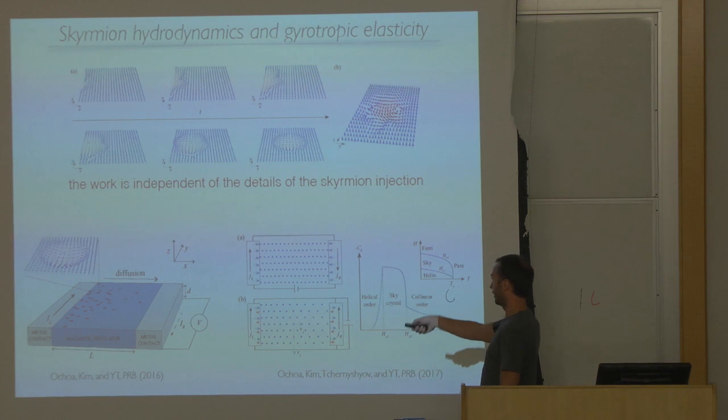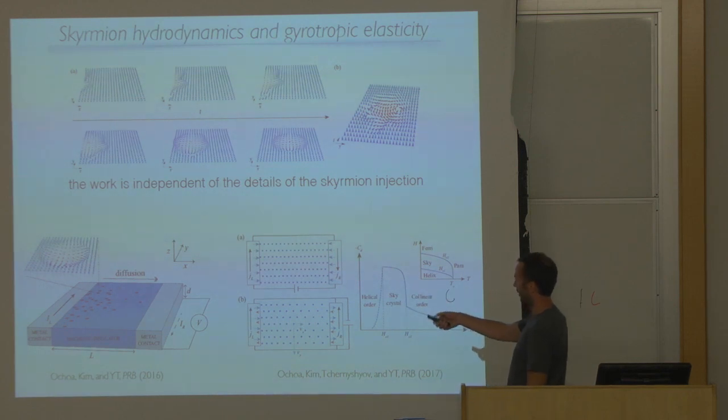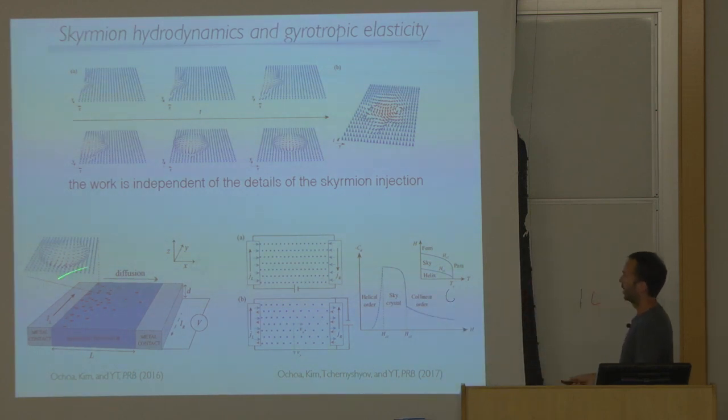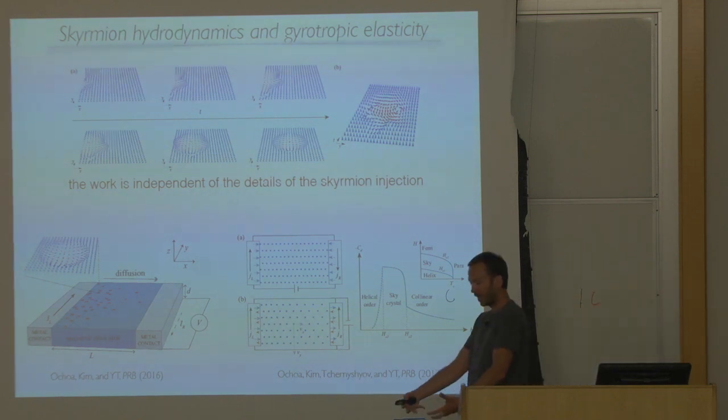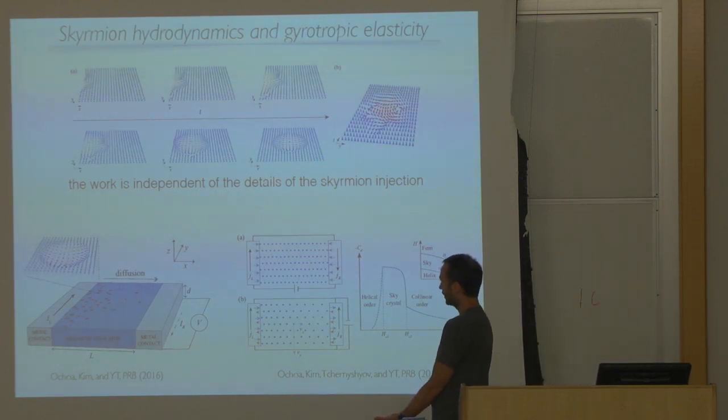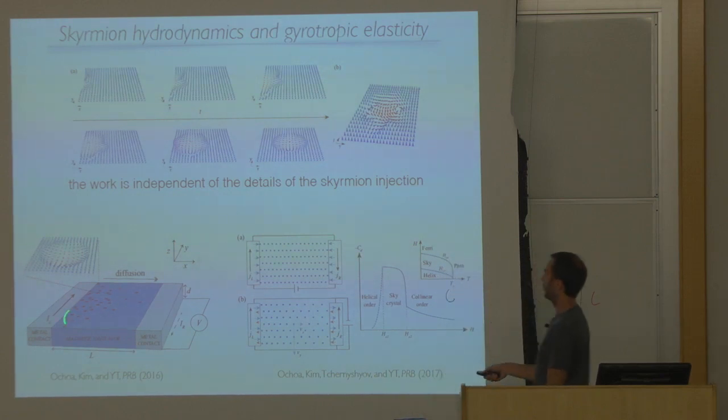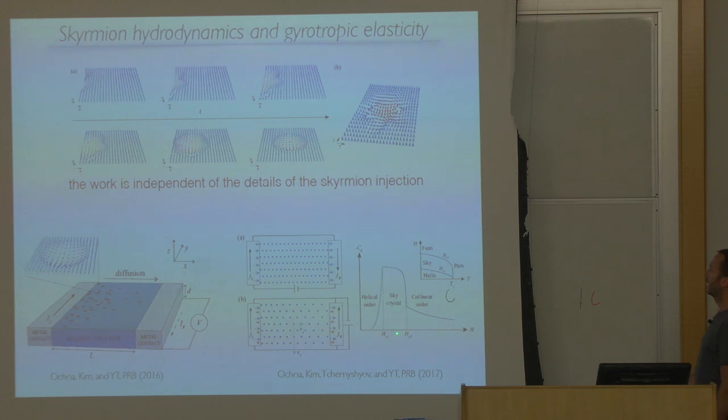We can also use it, like I was saying on one of the introductory slides, we can try to use these transport measurements as probes of the state of the material. So, for example, we could take a film with some Dzyaloshinskii-Moriya interaction and anisotropy, such that as a function of magnetic field there are phase transitions between magnetic states, skyrmion crystals, some helical order.